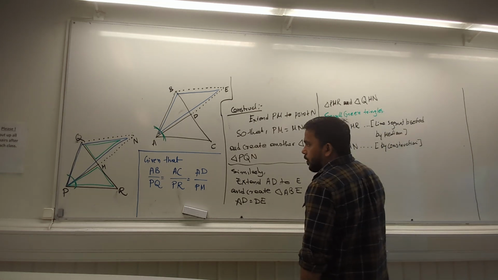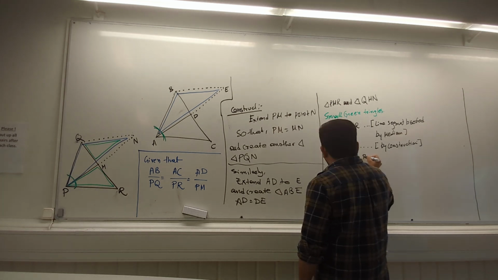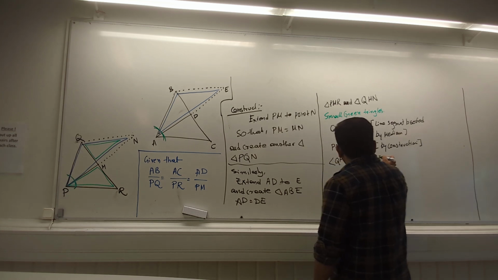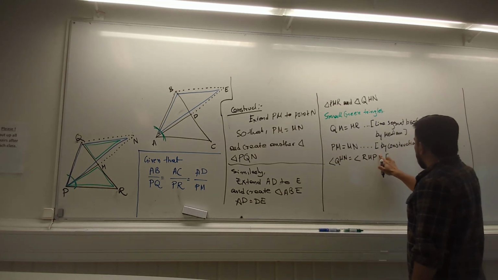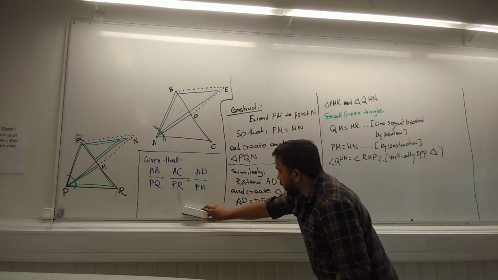And then we can say that angle QMN is equal to angle RMP, and this is because they are vertically opposite angles.